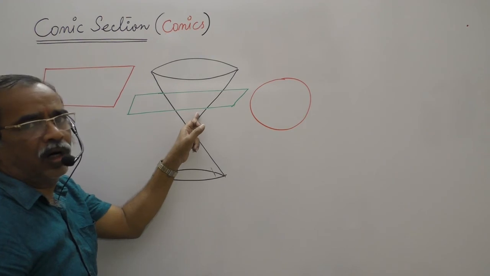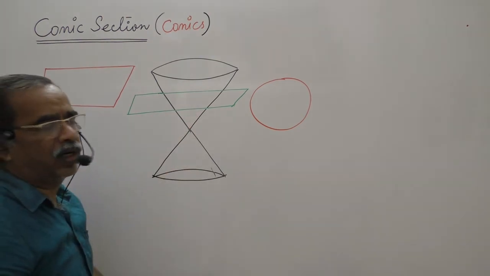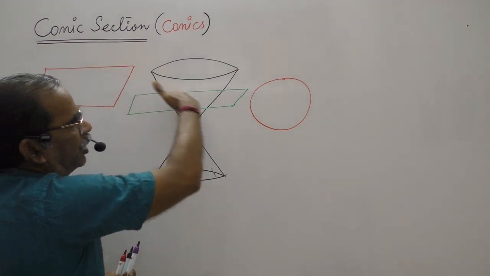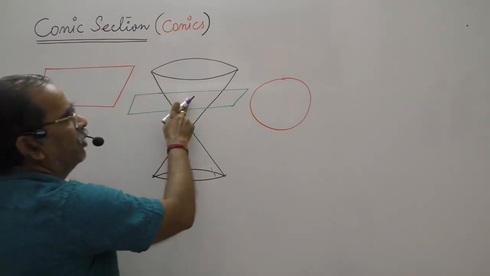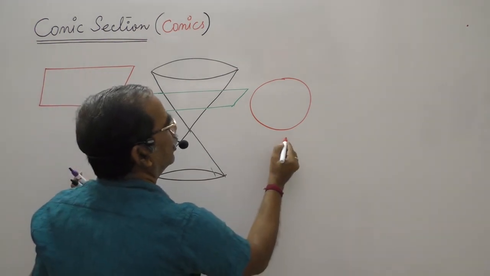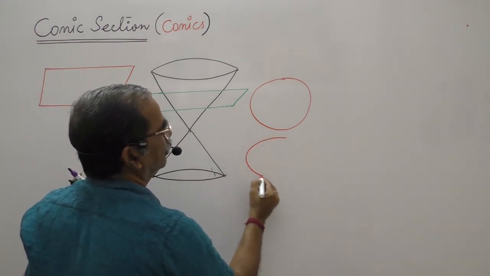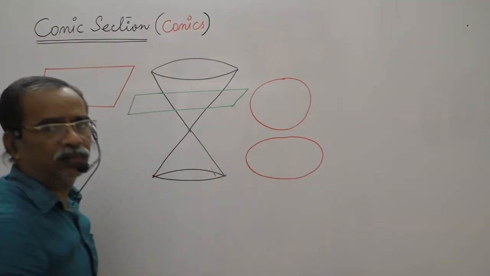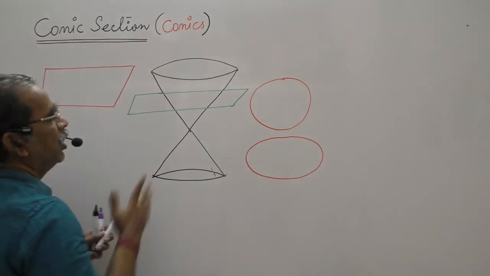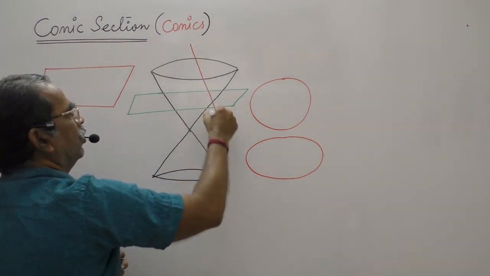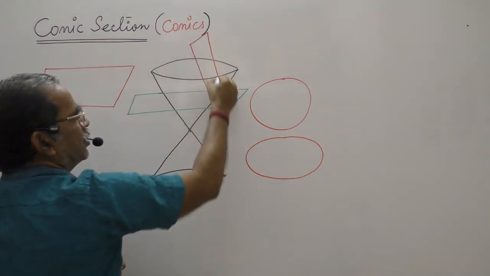Instead of cutting horizontally, if I cut with a little bit of inclination, what will be the curve there? It will be like this. This is also a curve, which is a conic. If I cut like this and remove this portion, the figure will be like this.